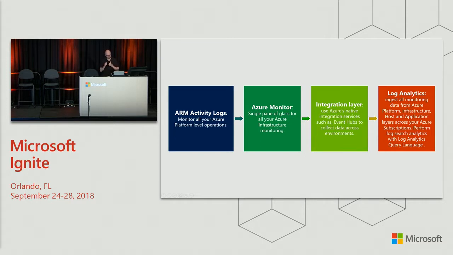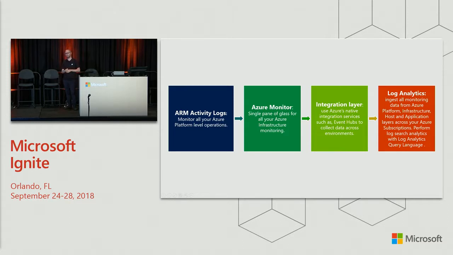Not all of these are coming into the log analytics. It's up to you to choose a different dashboard or collation place for all of your different Azure logging. You can use a third-party tool for sure. Nobody's stopping you from doing that.